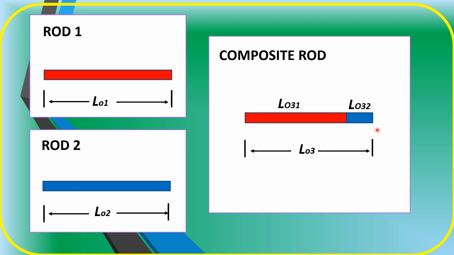This is because it was stated earlier that the change in length for rod 1 happens to be greater than that of rod 2. That's why we are able to predict that the value for L sub naught 3, 1 will be longer than the initial length of rod 2 or L sub naught 3, 2.